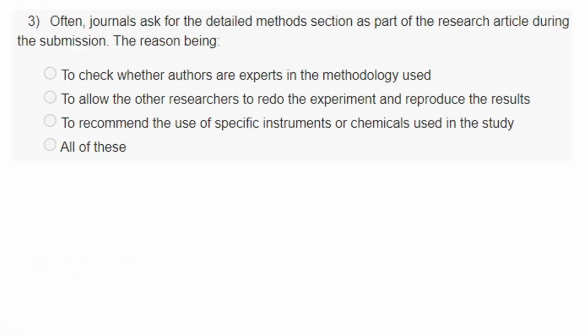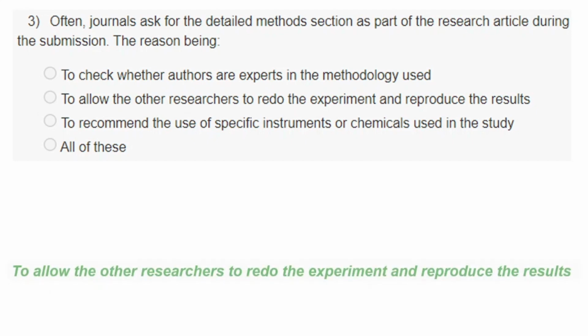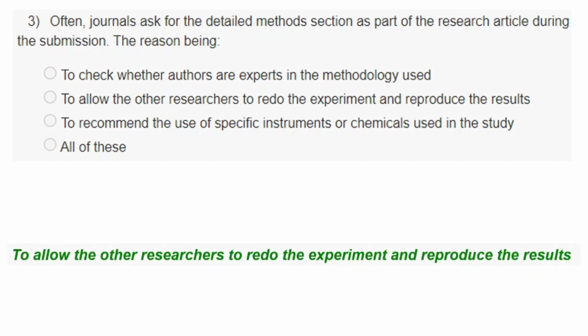Often journals ask for the detailed method section as a part of the research article during the submission. The reason being, this also we have discussed, so I'll not go into the details. Their main objective is to allow other researchers to redo the experiment. They are definitely not checking if the authors are experts in the methodology. That's not their intention at all.